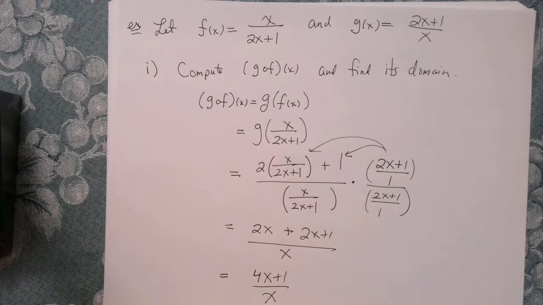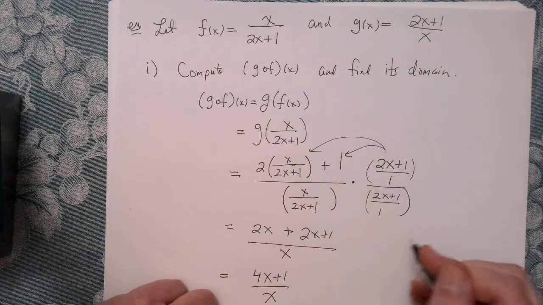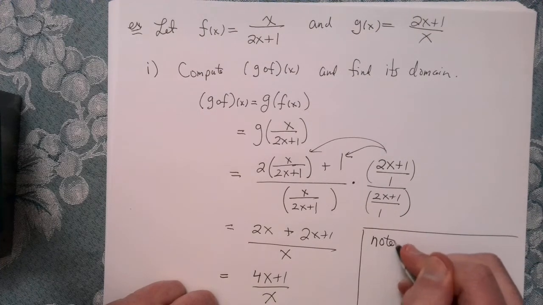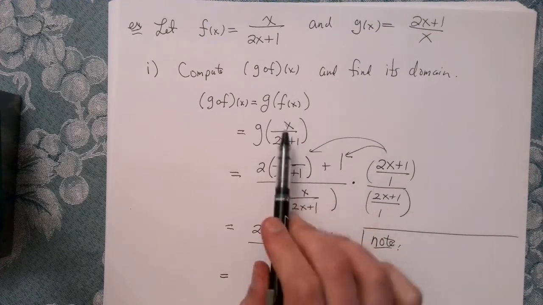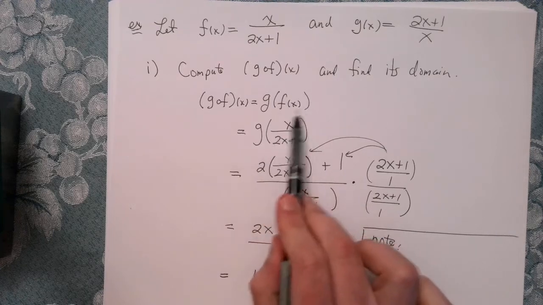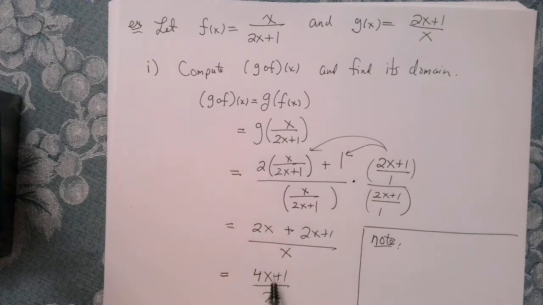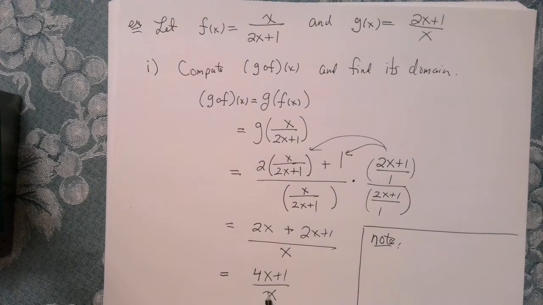Here's where I need to be super, super careful. So let's note a couple things. I want to note something about the original function that we started with. So the domain of this and the domain of this little piece, and then I can give the overall proper domain. So let's think about this.